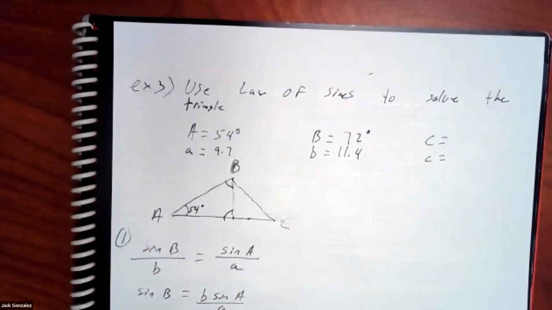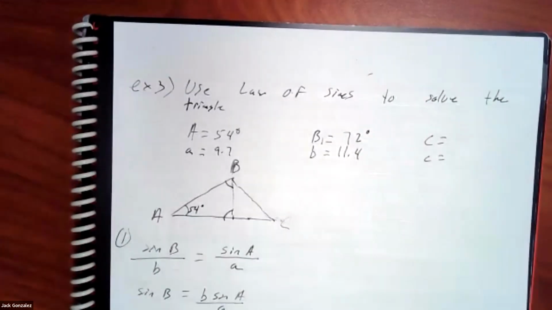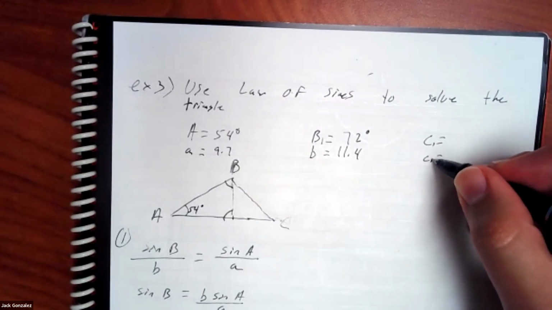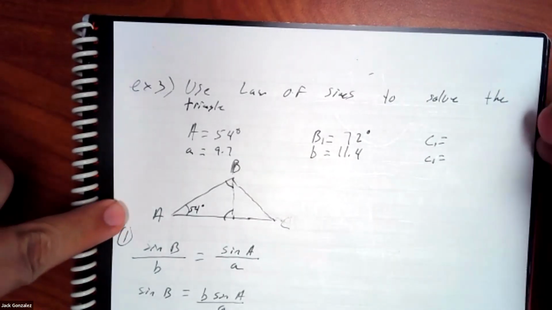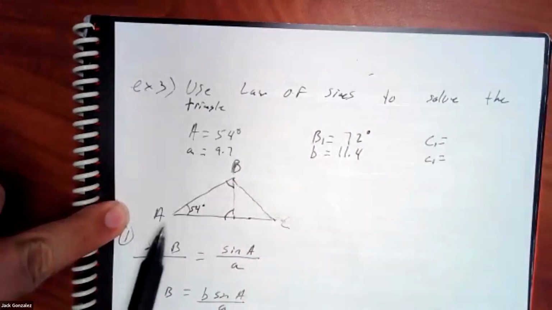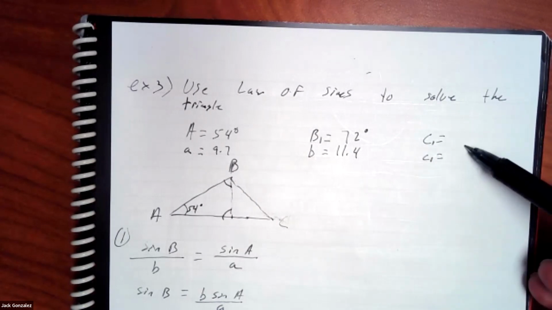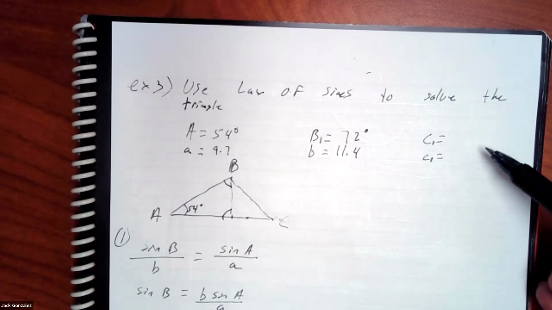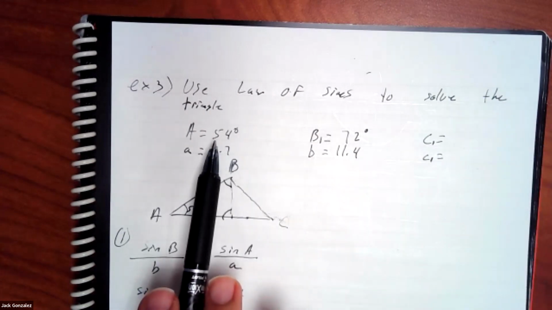So let's call this guy B1, C1. Now this angle is not going to move, right? It's only the B that's going to move around. This one's kind of fixed, even though we could call it A1 and whatever, but we don't have to. It'll be the same. Now, what's capital C1? Right? Subtract from 180.